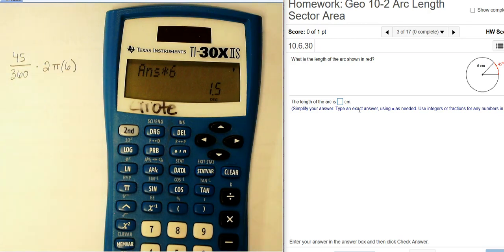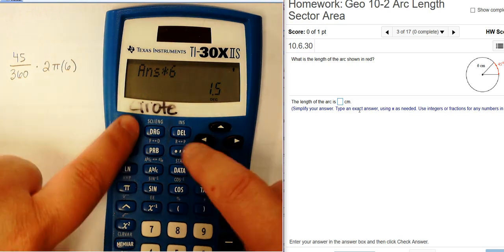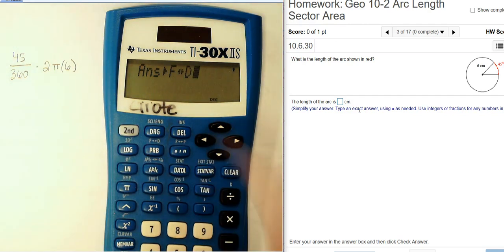Okay, so they're going to want us to write this as a mixed number, I'm sorry, not a mixed number, an improper fraction. I'm just going to show you 2 steps, and if you need different directions for a different calculator, just let me know. So for 1.5, I'm going to hit second and then fraction to decimal. That'll change it to a mixed number.